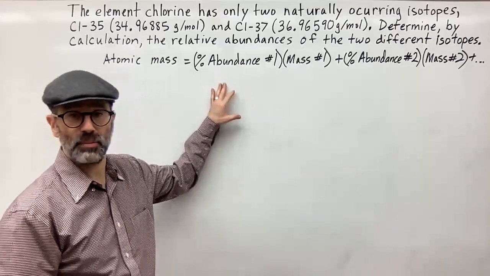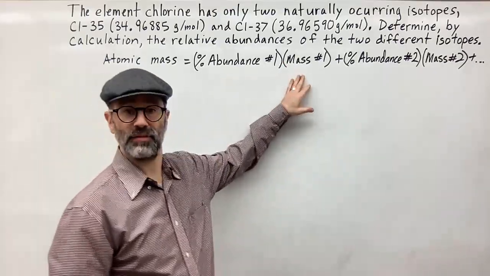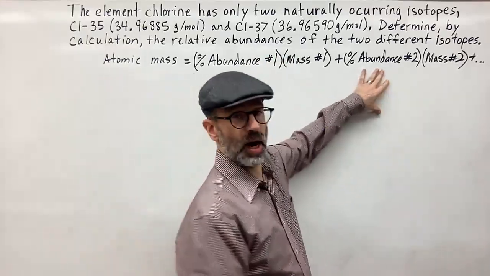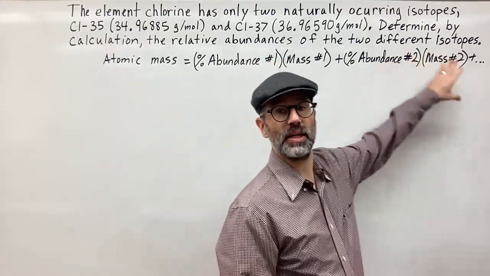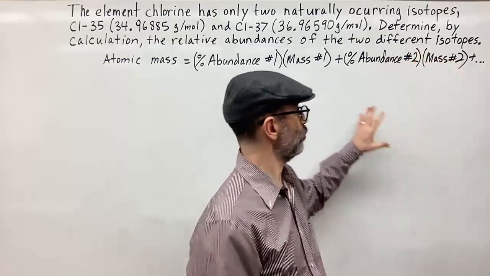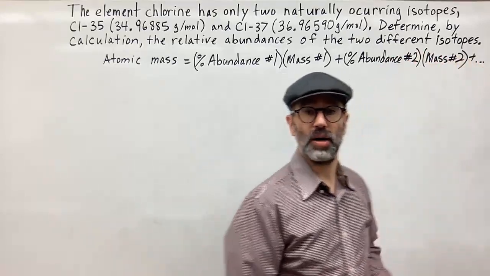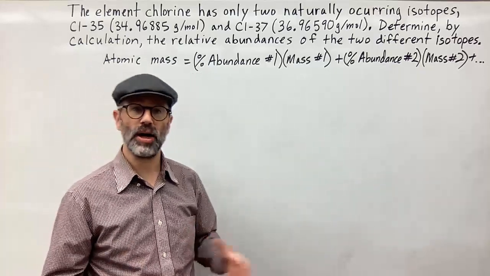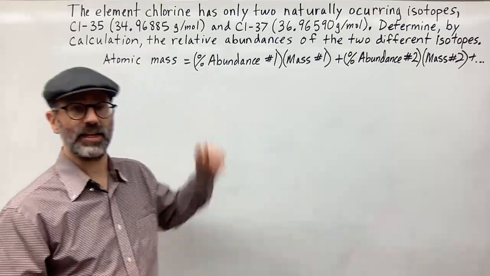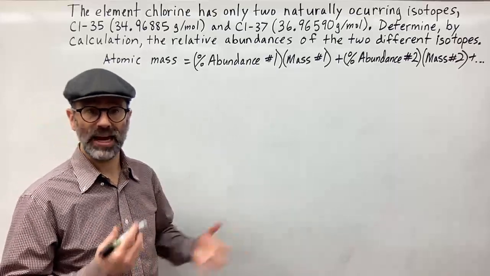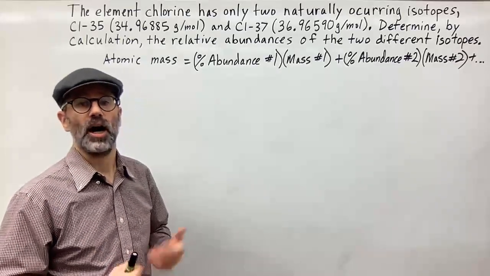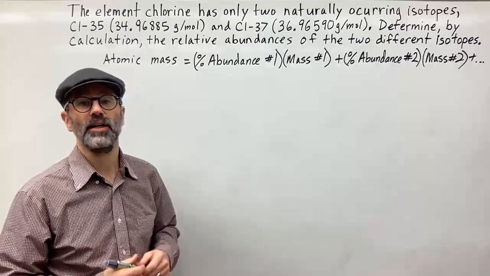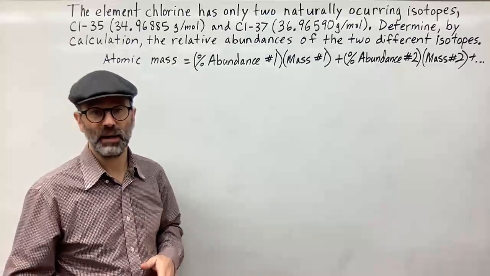So percent abundance multiplied by the mass of that isotope, plus the percent abundance and mass of isotope number two, plus the percent abundance and mass of isotope number three, and so on. And then you add that together, and you should get the weighted average atomic mass of your element, and that should be pretty darn close to what's on the periodic table.